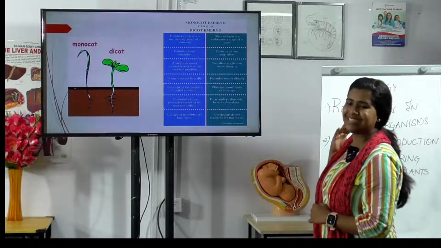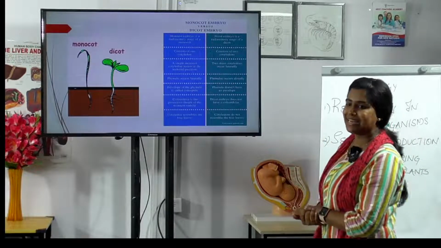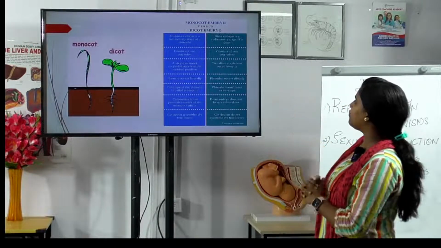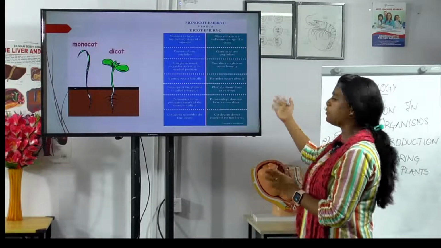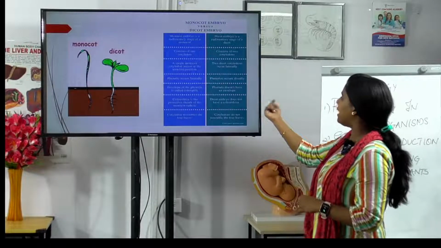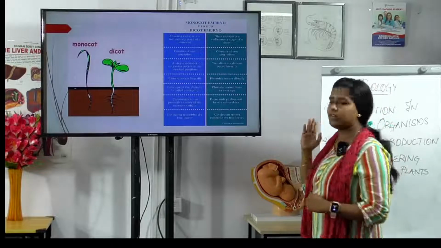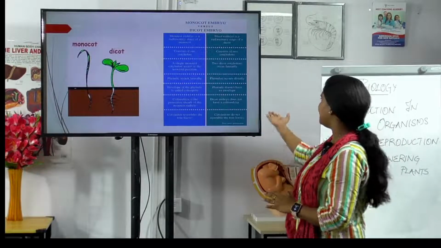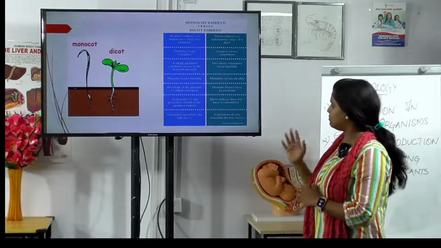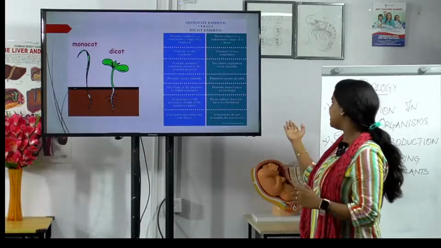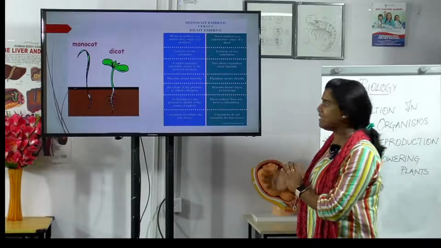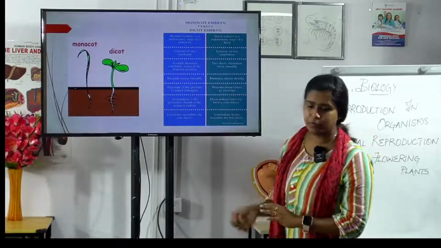The plumule occurs distally, and the envelope of the plumule is called coleoptile. In dicot the plumule does not have any envelope. Coleorhiza is a protective sheath of the monocot radicle, but the dicot embryo does not have any coleorhiza. Cotyledons resemble true leaves in dicot, but in monocot they do not resemble any true leaves. Okay, this is an example of monocot and dicot embryos.